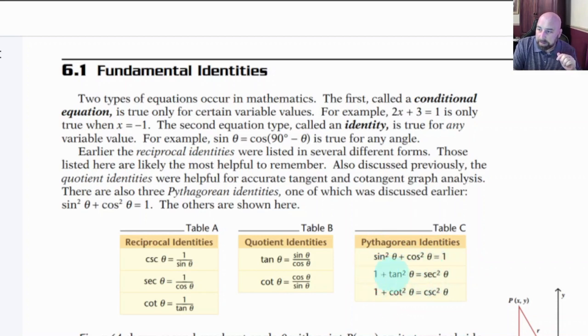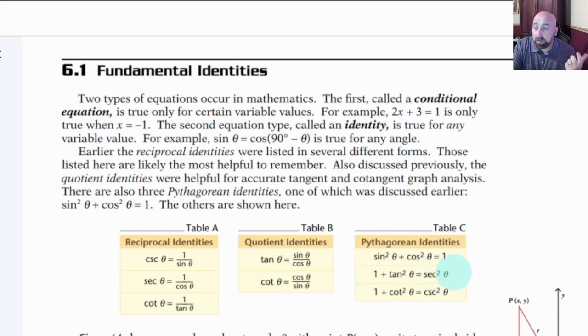Same thing is happening right here, only now we've manipulated the formula just a little bit. Now this tangent. What is tangent? Well, remember, tangent is sine over cosine. So there's your sine over cosine. They're basically switching things up. What is the secant squared?